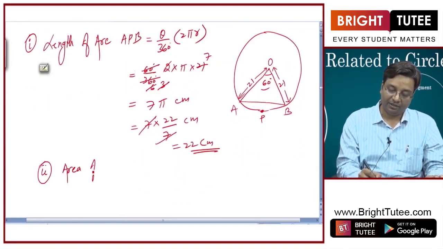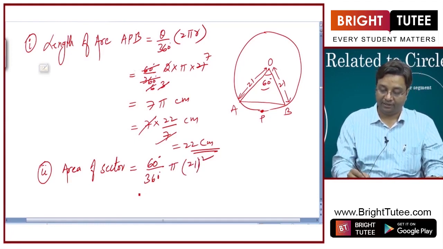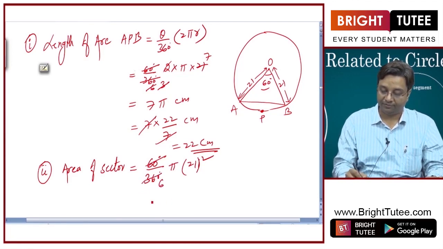Area of sector is equal to theta by 360 pi r square. So 60 by 360 pi r square, so pi 21 squared, right? So this is 6 pi by 6 into 21 into 21.